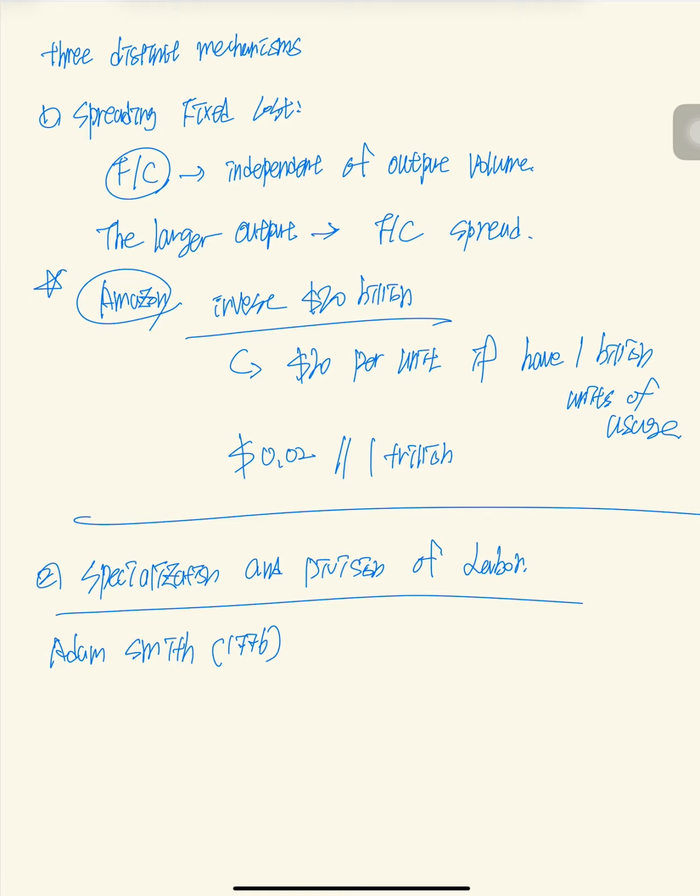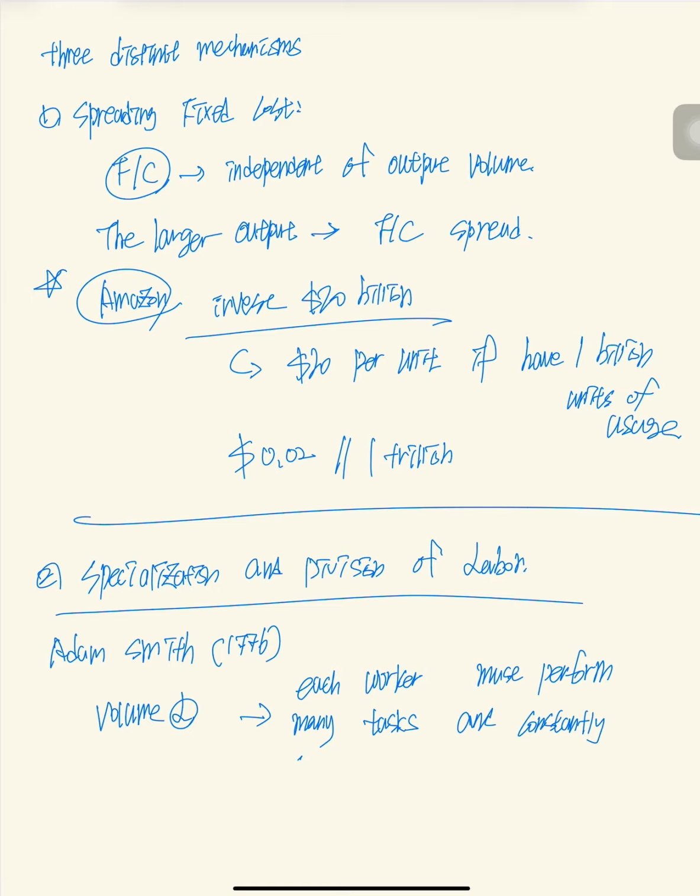When production volume is low, each worker must perform many tasks and constantly switch context.